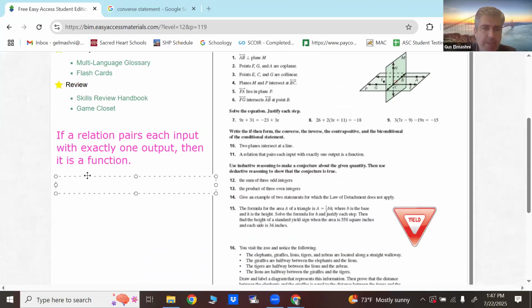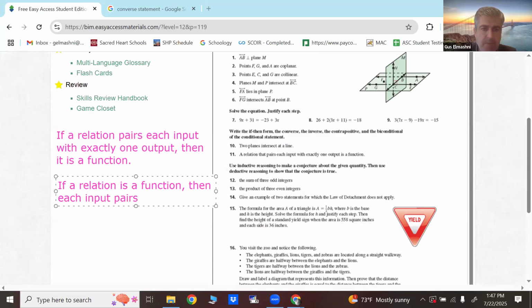So you're going to say, if a relation is a function, then each input pairs with exactly one output. That's how you write the converse.